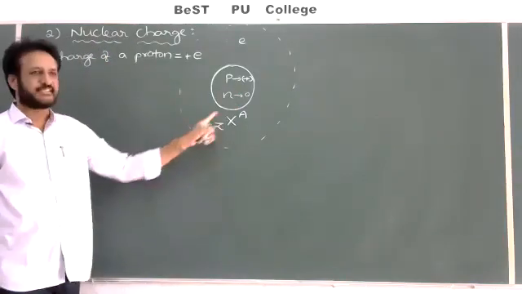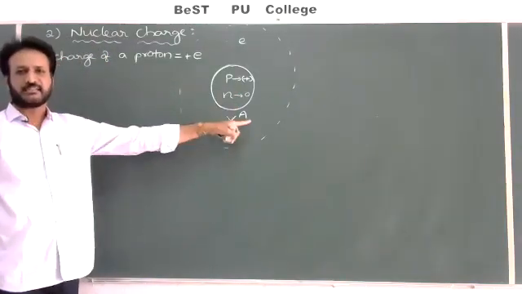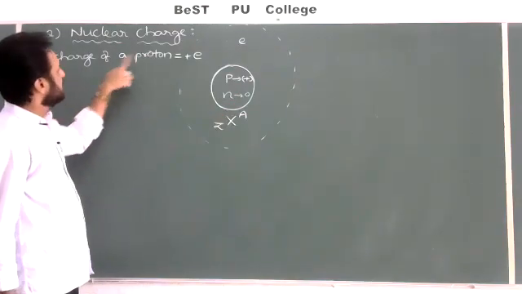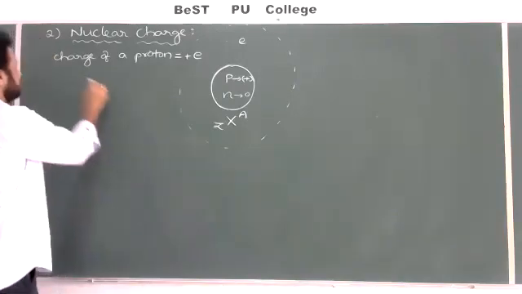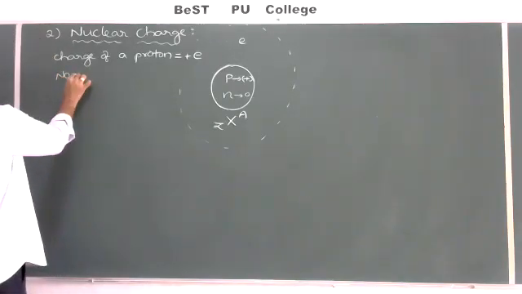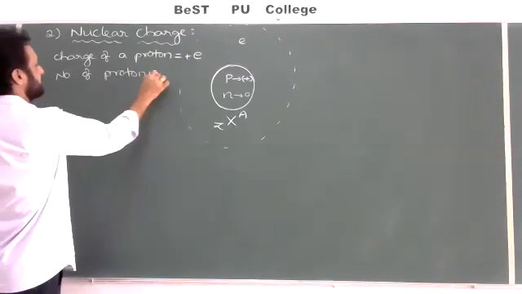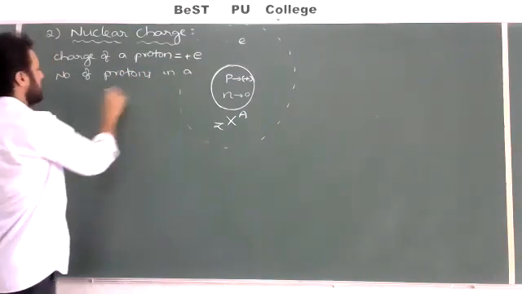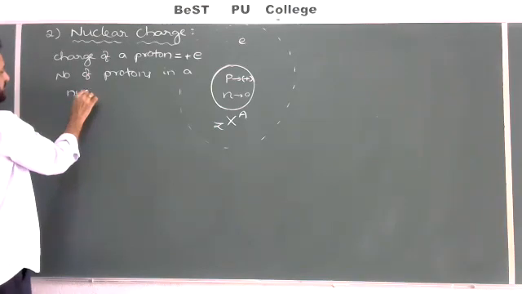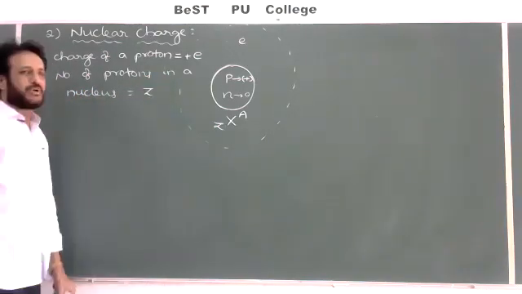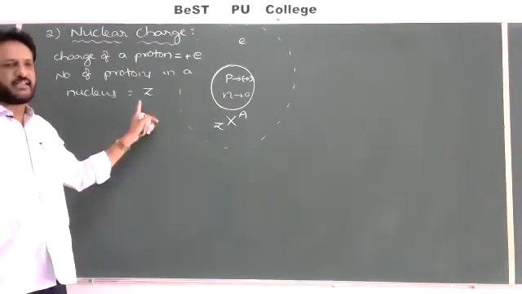Z is the atomic number, A is the mass number, and X is the name of the element. The charge of one proton equals plus e. So the number of protons in a nucleus is equal to Z. Total number of protons in this nucleus equals Z.